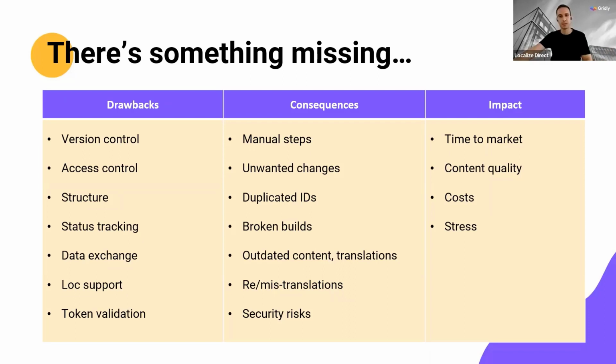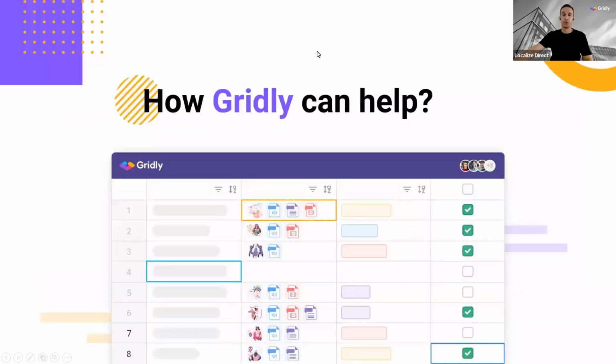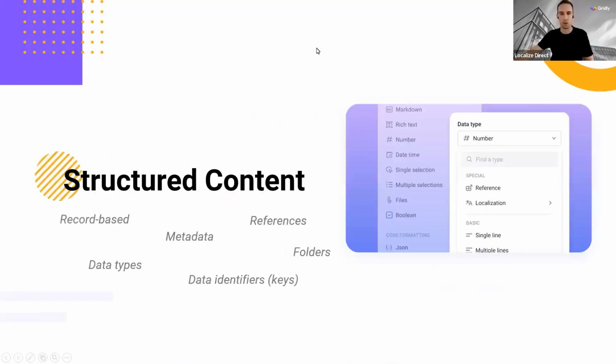So now we can see that there is something missing for content localization in Google Sheets. And you might be asking, how can Gridly help with that? So let's dive into it. First and foremost, in Gridly, the content is structured. There are records that are identified with IDs that are handled by the system. They can't be duplicated, they can't be blank.